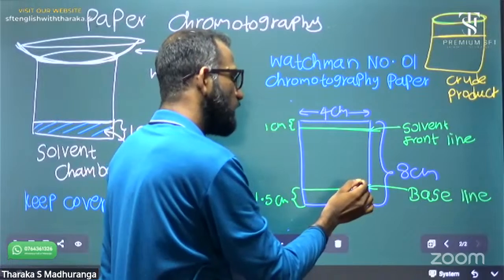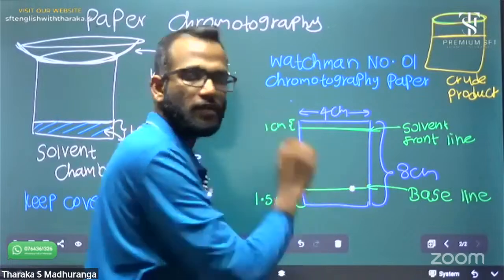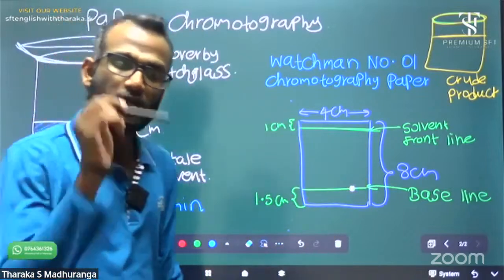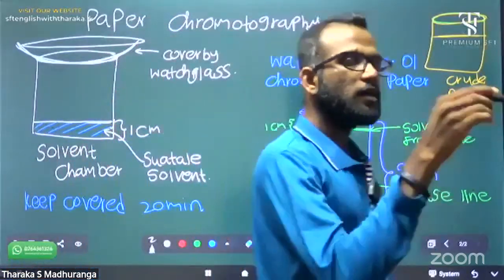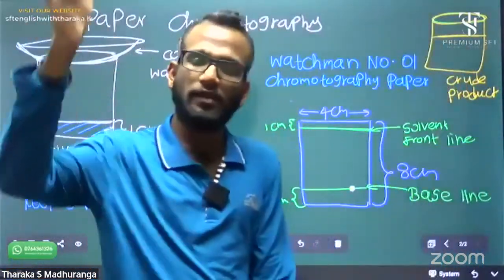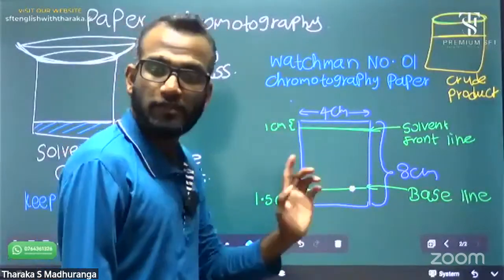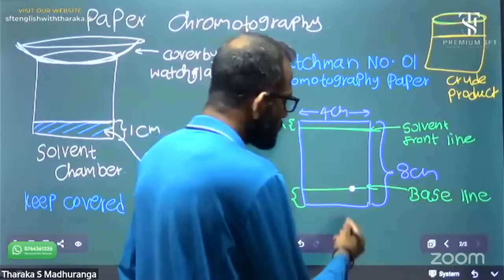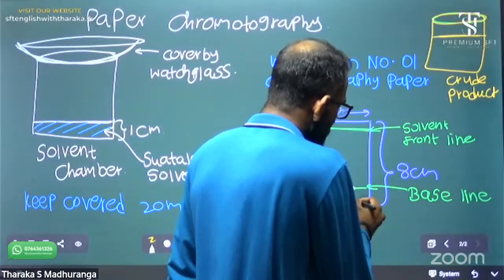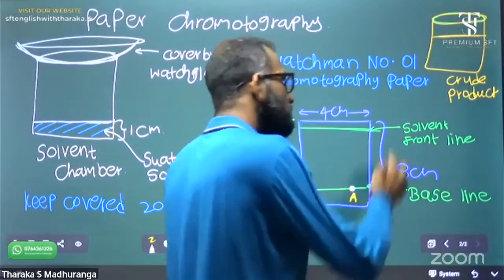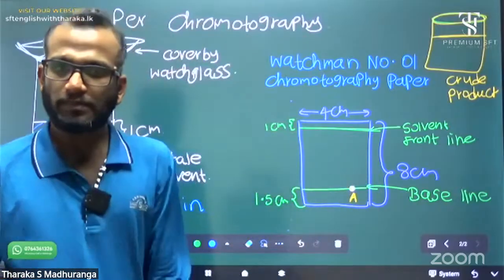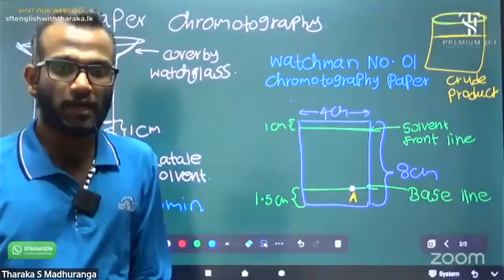On the baseline, remember. Crude product sample we place using the glass rod. Think it is A. A is the crude product sample.